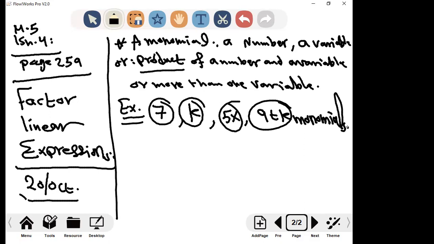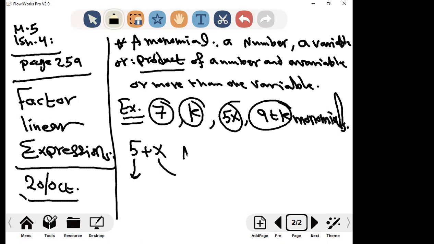For example, 5x. If you said 5 plus x, is this a monomial? No, it is not a monomial because we have addition. The 5 by itself and the x by itself are each a monomial. So we have two monomials here. Got it?